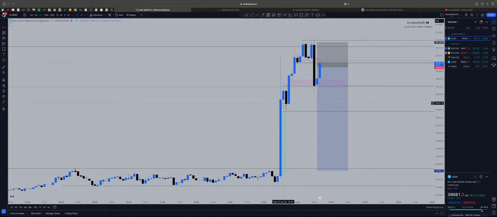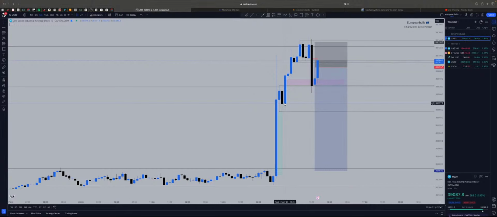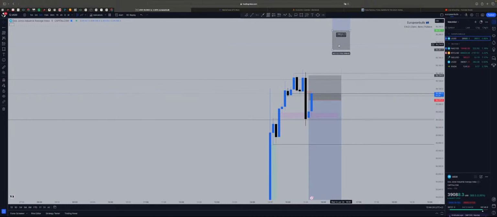If this candle closes bullish, I'm gonna close and plan for a buy trade. Or maybe I would just stop for today.